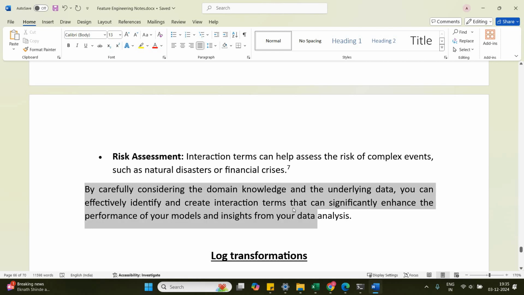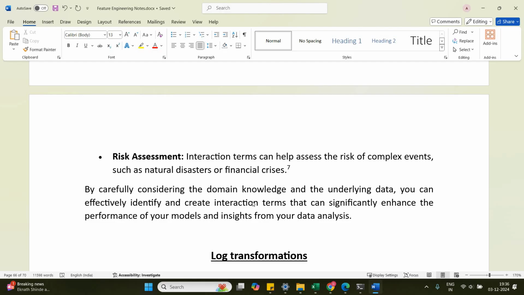This is a very important point, because suppose there are 3 or 4 features A, B, C, D. You cannot randomly pick A, B, or A, C, or C, D. You need to have good domain knowledge.